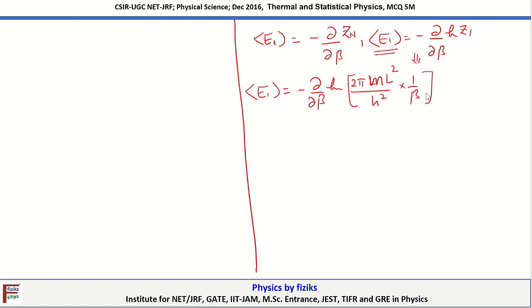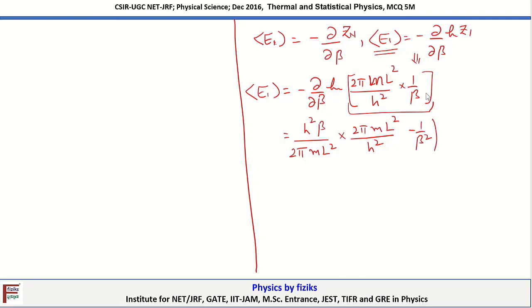Okay, so therefore this is further equal to, it's 1 by x, so h square beta upon 2 pi m L square, and then its differential with respect to beta. So then we will have 2 pi m L square upon h square, and the differential of 1 by beta with respect to beta, so that will give us minus 1 upon beta square.